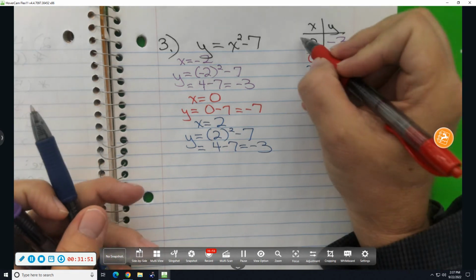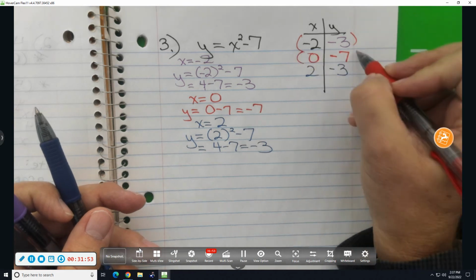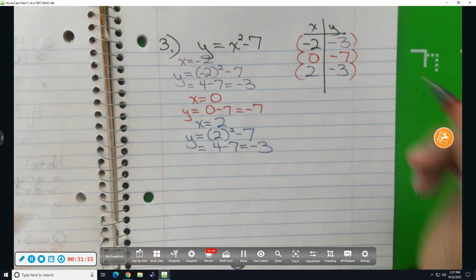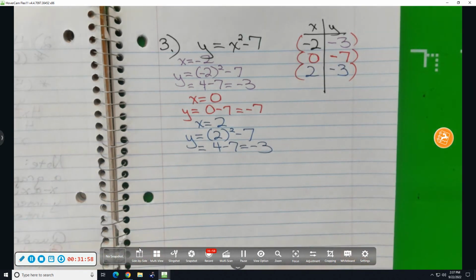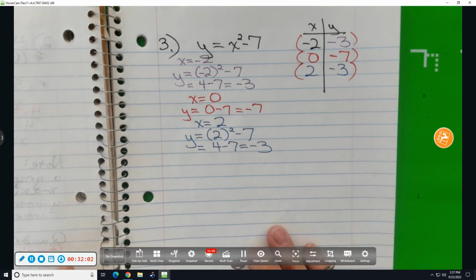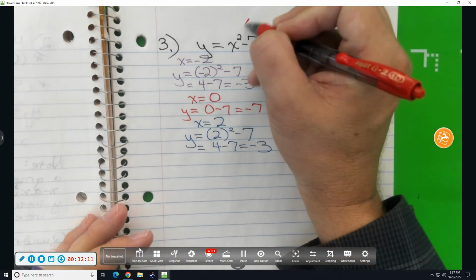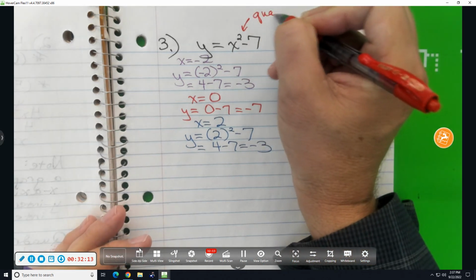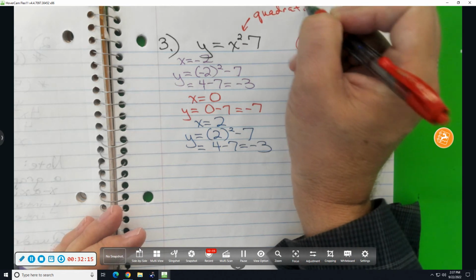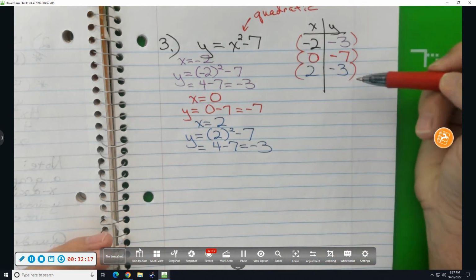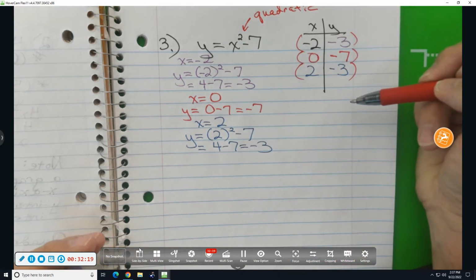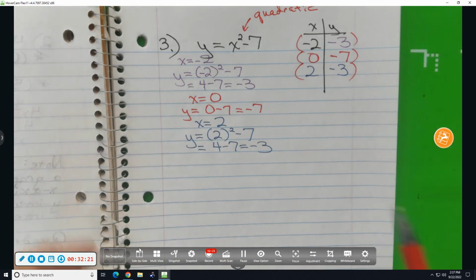Okay, these are ordered pairs. Once again, to use the graphing tool, you'll need to know what sort of figure you're going to be drawing. But because of that square there, we know this is a quadratic. So we expect a U-shaped figure. Once we plot these 3 points, we should see a U-shaped figure appear.